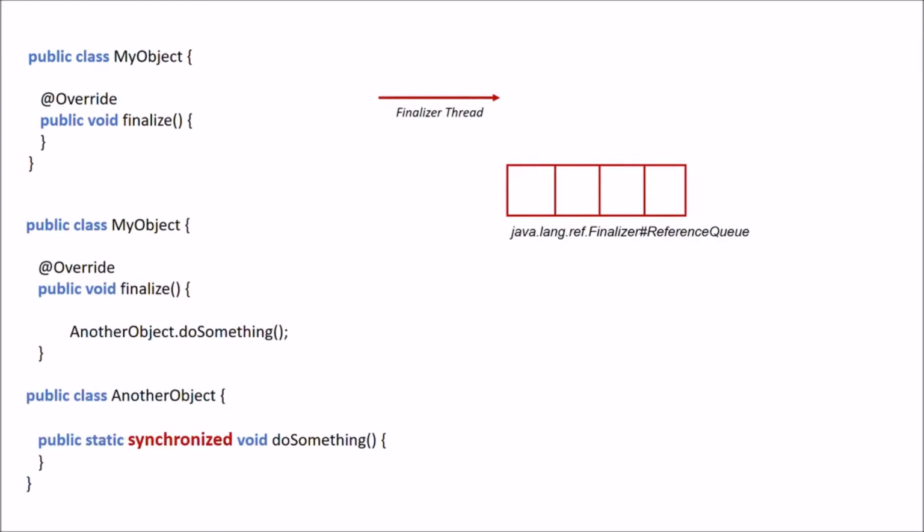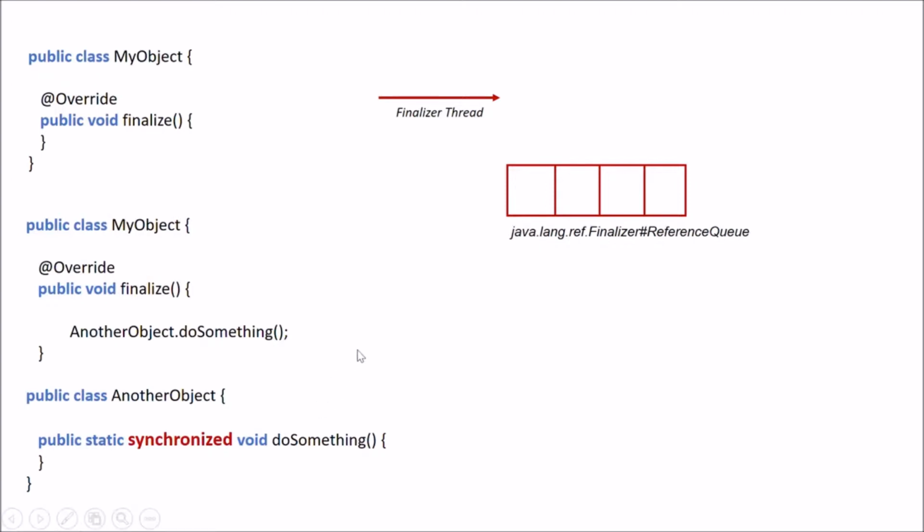Okay, now let's study this interesting scenario. Now to this myObject finalize method, you write some code. You say anotherObject.doSomething(). Apparently doSomething is a synchronized method. What happens in a synchronized method? Only one thread can execute this method at any given point in time.